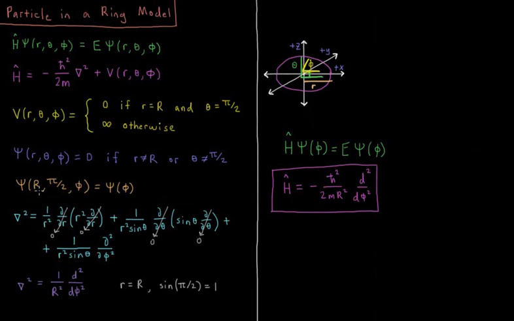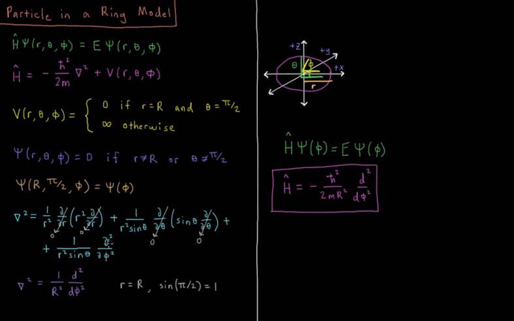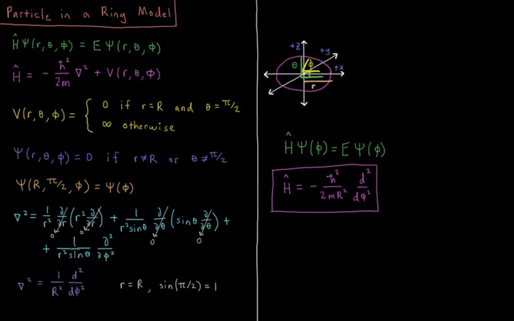Since r is fixed, the derivative with respect to r is always going to be 0 because r can't change, so this term goes away. Theta is fixed as well at pi over 2, so the derivatives with respect to theta are going to be 0 because theta is always a constant. And then our last term is what's going to stay here.